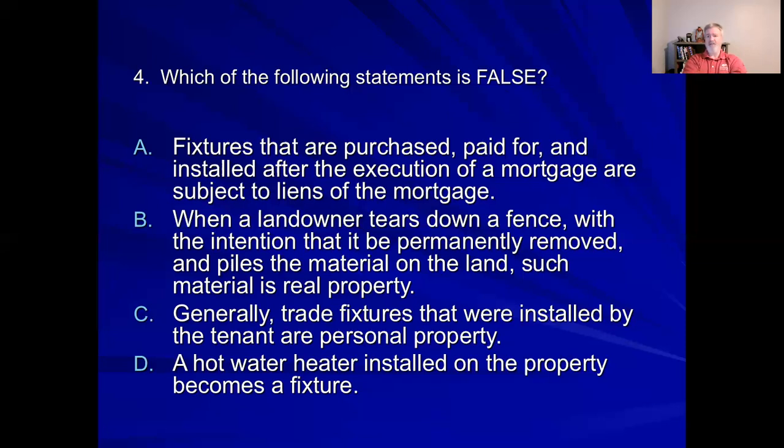So if you've attached anything, like say you got bookshelves that you've attached to the wall, that is considered a fixture. Well, is that fixture now subject to the mortgage that's on the house? Yes, right? Because the property is certainly subject to that lien, and anything that you attach to it now becomes subject to that same lien. So that would be a true statement.